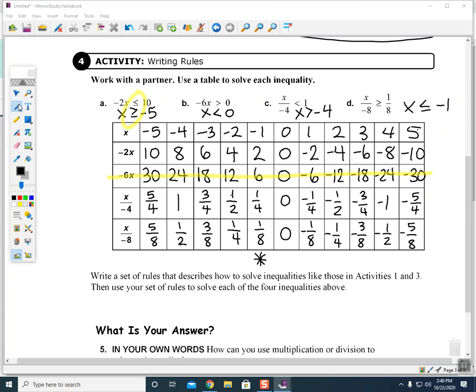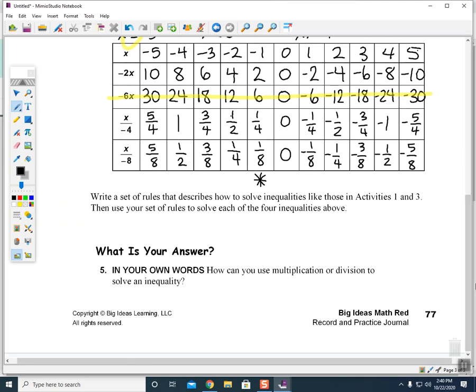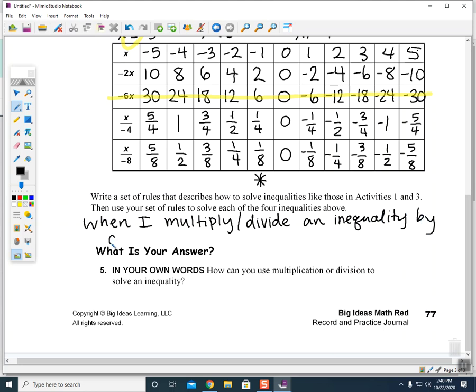So what I'm noticing, and what I hope that you are also noticing, is that when I multiply or divide an inequality by a negative number, what happens to my inequality sign?